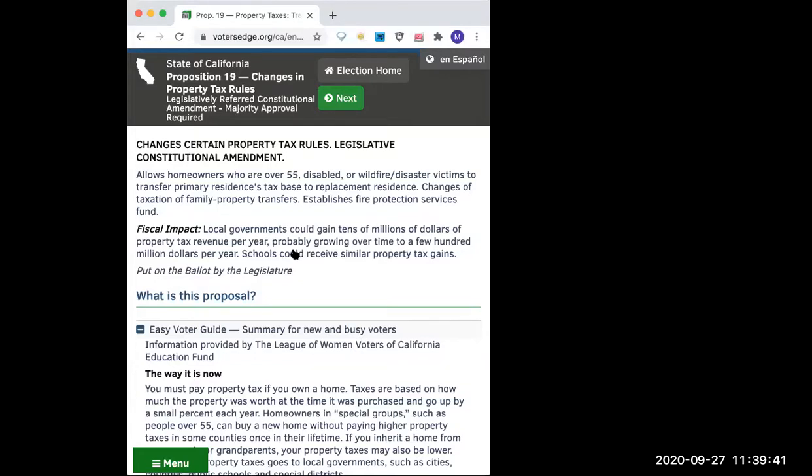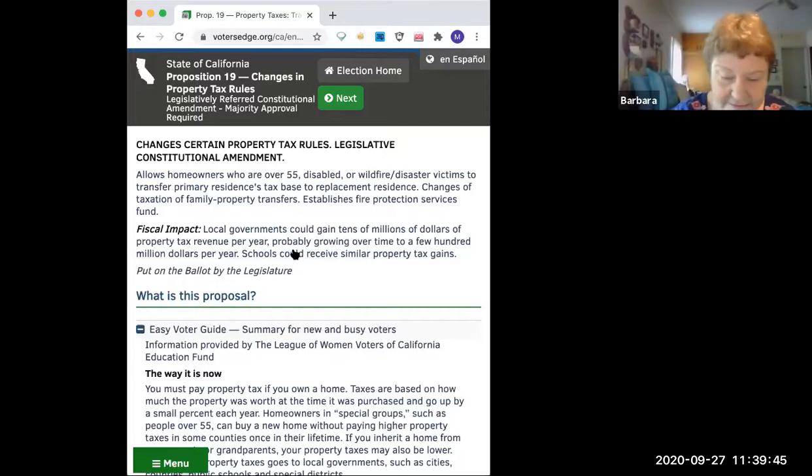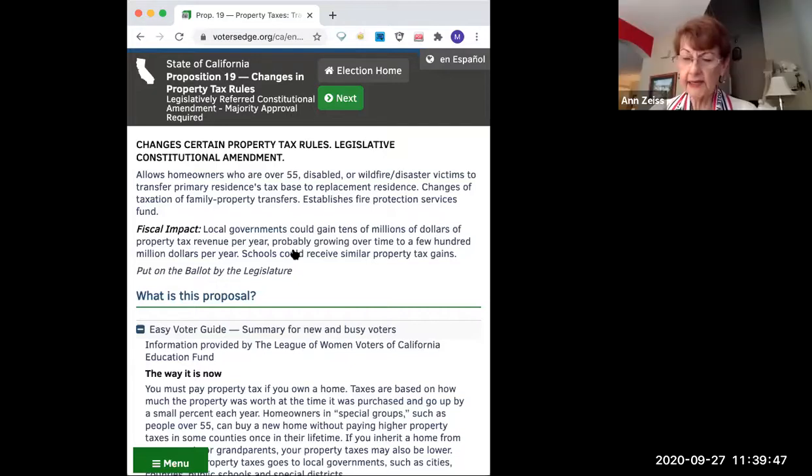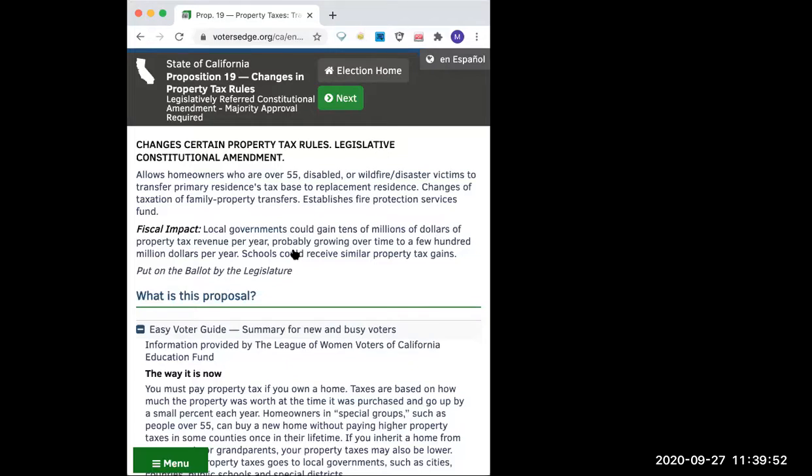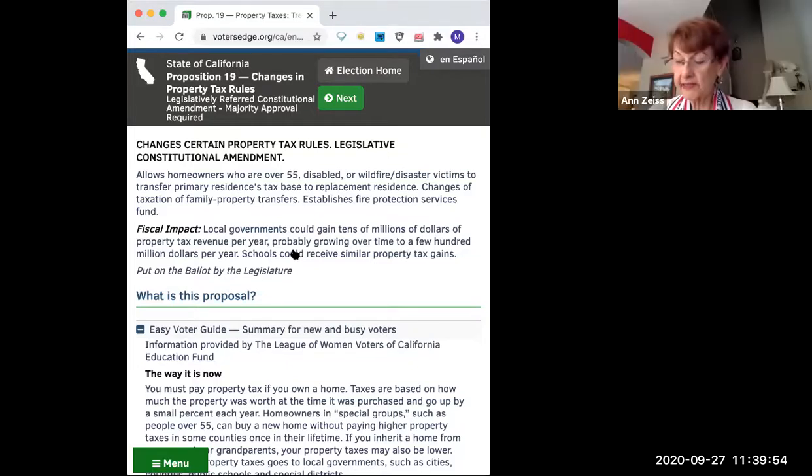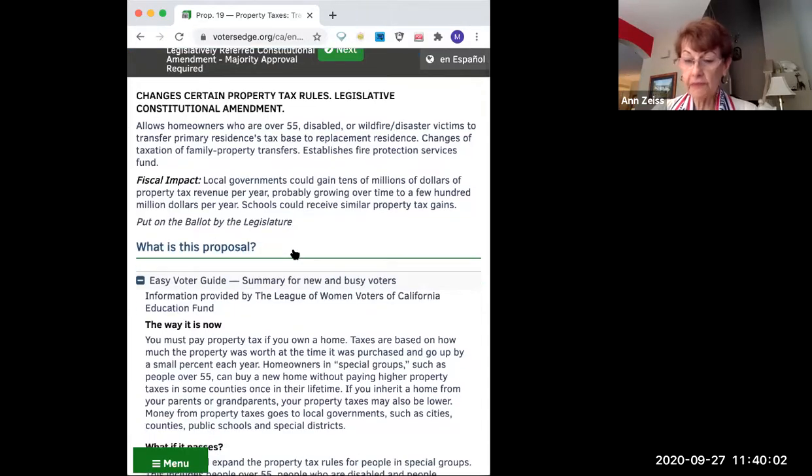Prop 19, yes. That's Ann Zeiss. Okay. Proposition 19 is another constitutional amendment. Keep in mind, this applies only to residential properties. The question is, should our California Constitution be changed to modify the rules for the transfer of a primary residence's tax base to a replacement residence?